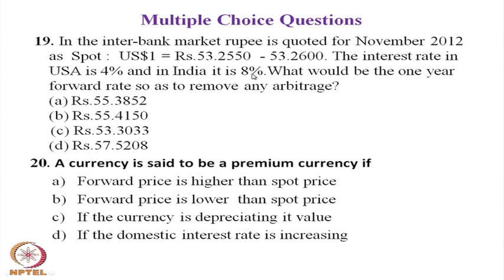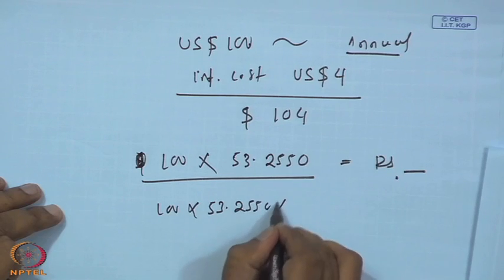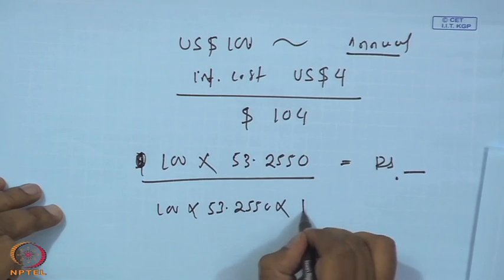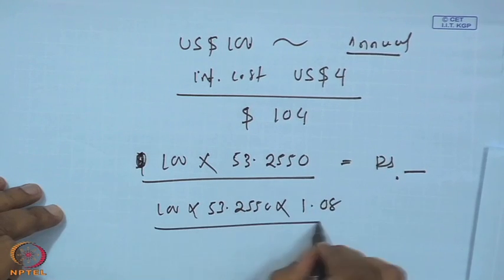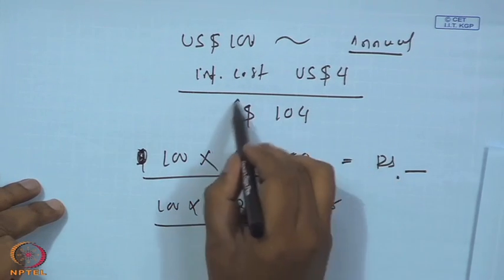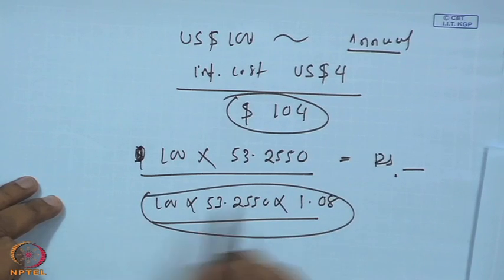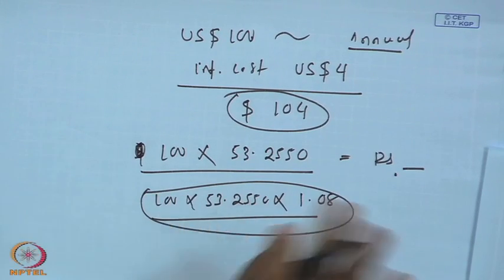So, 100 into 53.2550 into 1.08 is the amount you get annually in rupees. The dollar amount annually and the rupee amount annually are supposed to be equal if there is no arbitrage.